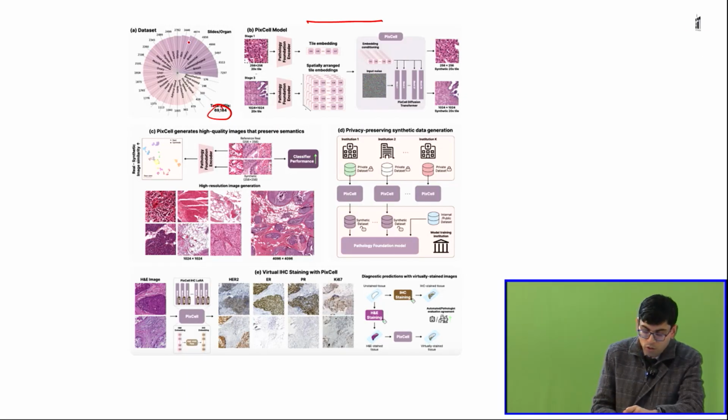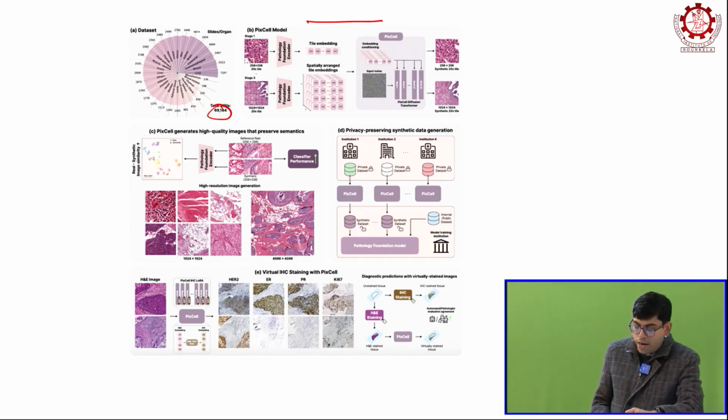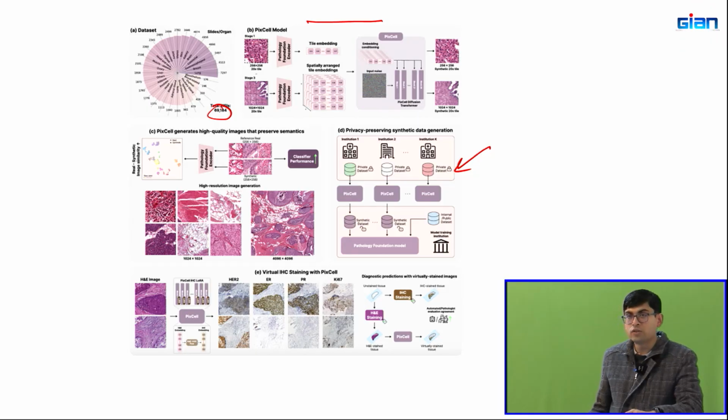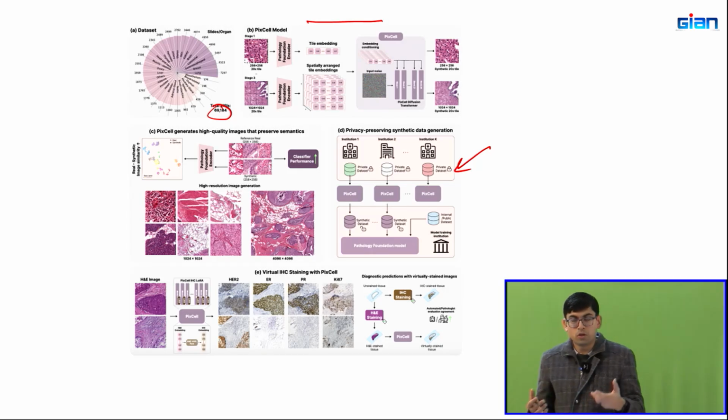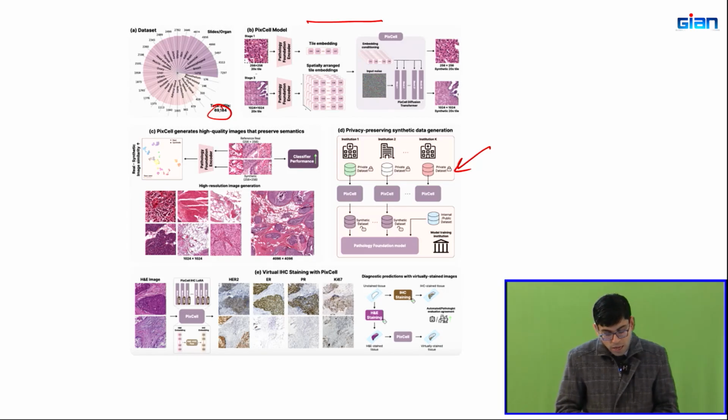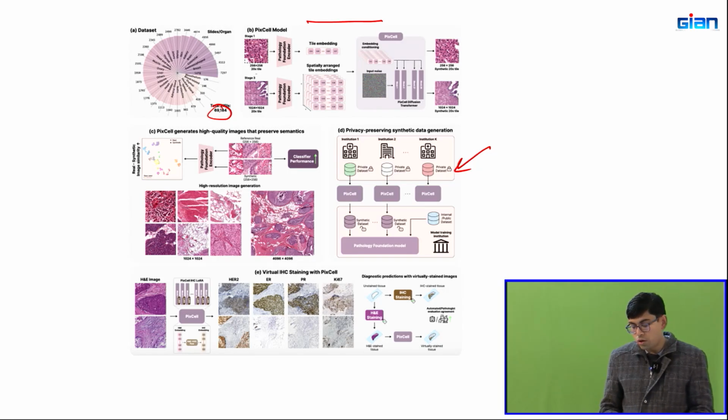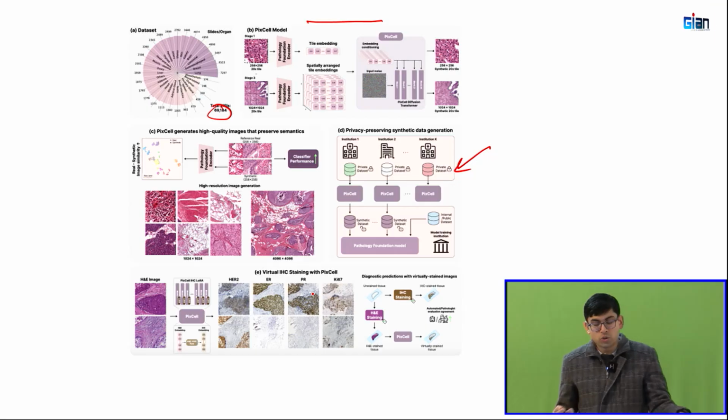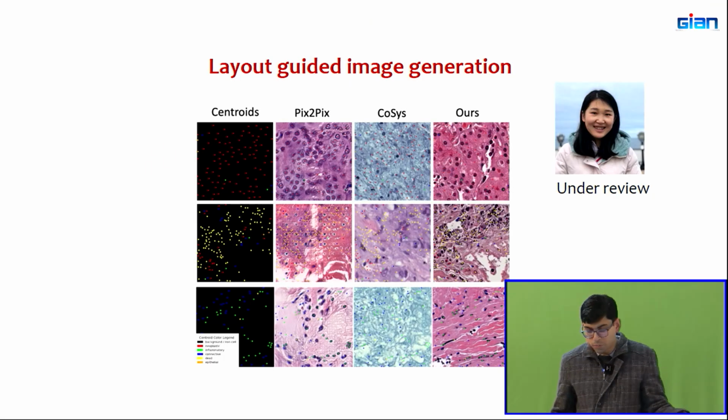We had about 10-15 organs represented in this foundation model, and this is where we are illustrating how we can do privacy-preserving synthetic data generation. Similar to the federated learning pipeline, another thing we have shown that could be done using this foundation model is stain translation. We have taken H&E stains and translated them to ER, PR, Ki-67 stains, basically IHC staining. So virtual staining using our foundation models.